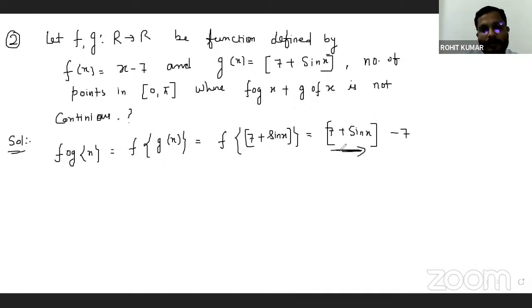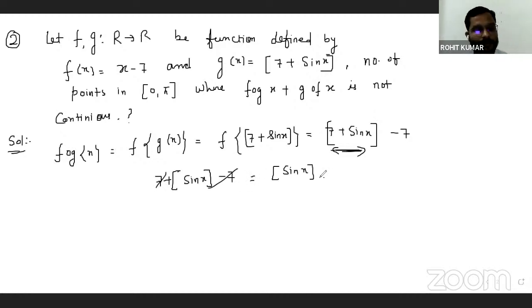Using the property of the greatest integer function, this can be written as 7 plus the greatest integer function of sin x, minus 7. So basically, it has become the greatest integer function of sin x.